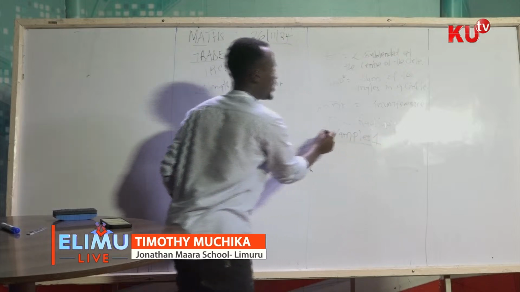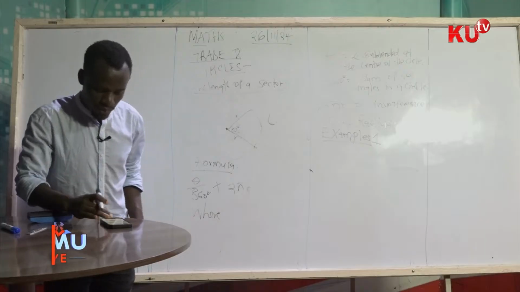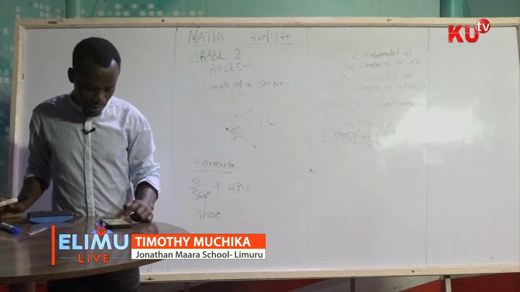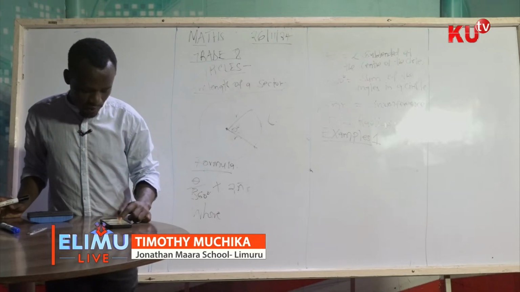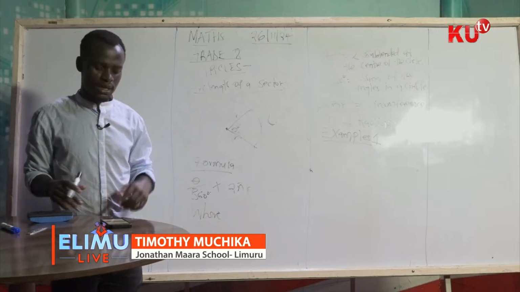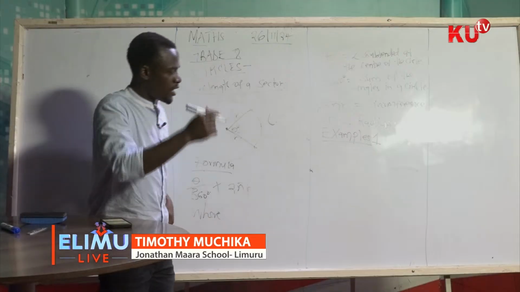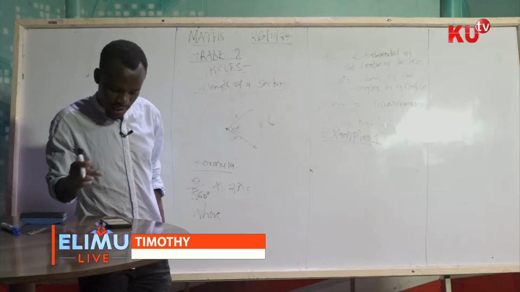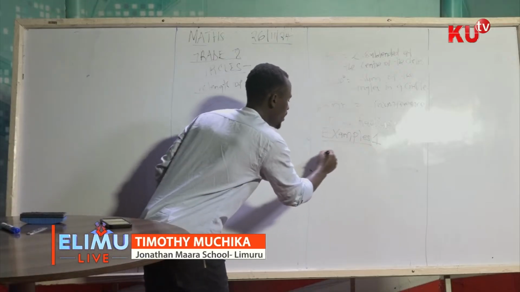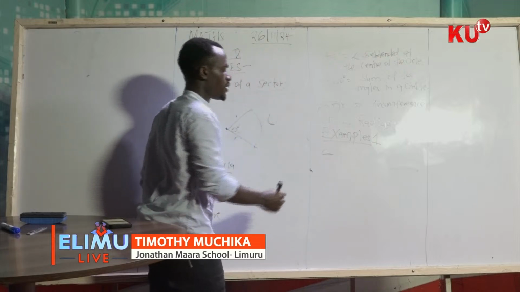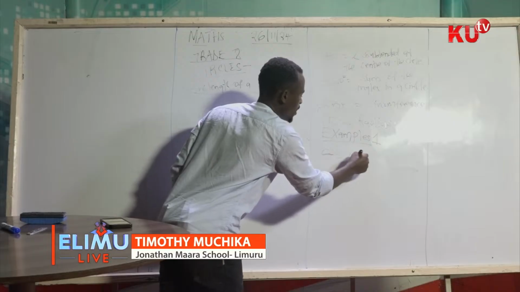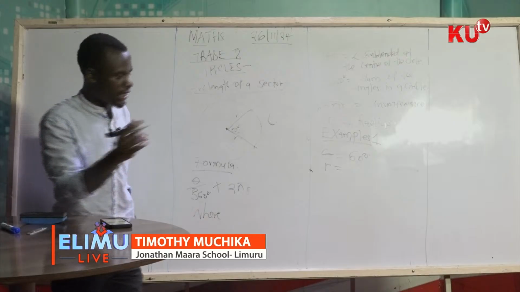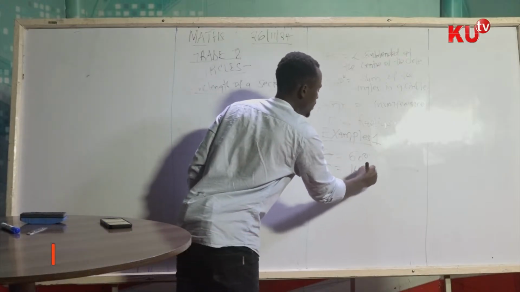Let's start with example 1. I hope the producer is projecting example 1. So example 1: calculate the arc length of a sector given an angle of 60 degrees, and you have been given the radius of 14 centimeters.